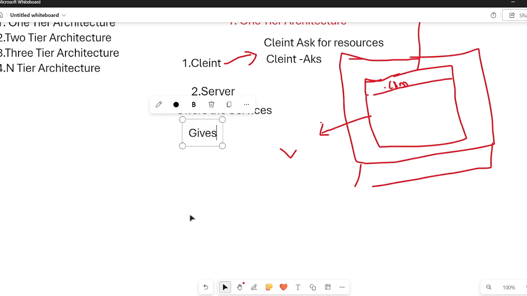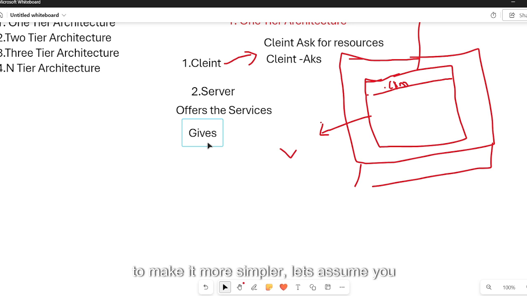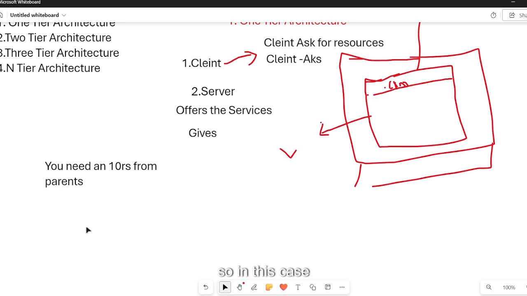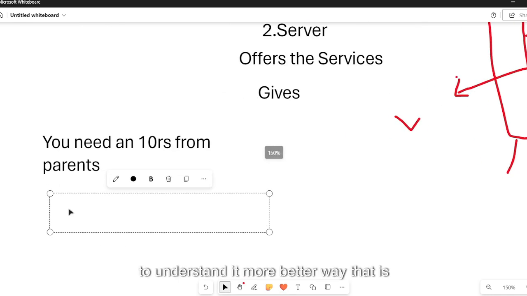To make it simpler, let's assume you need 10 rupees from your father or mother. In this case, who is the client and who is the server?